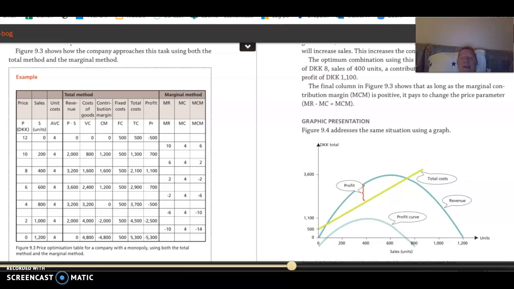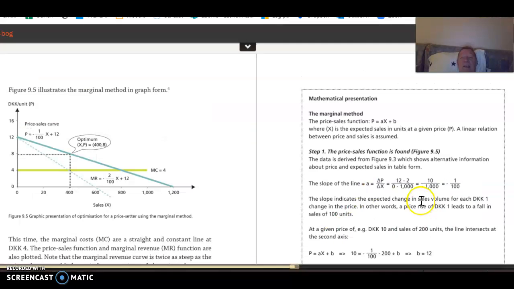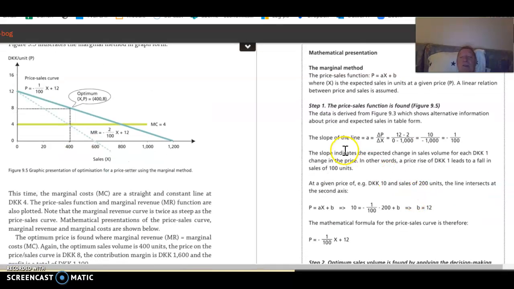So let's go back here and look at the A. It equals change in price, that is 12 minus 2, it's 10. And change in volume, it is from 0 to 1000, it is minus 1000.